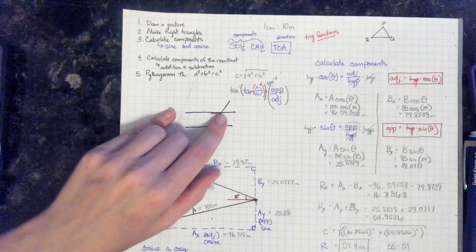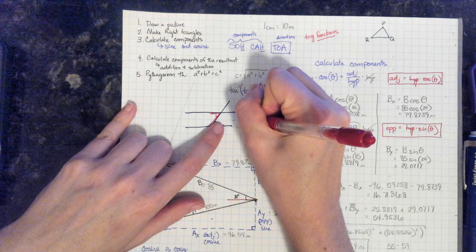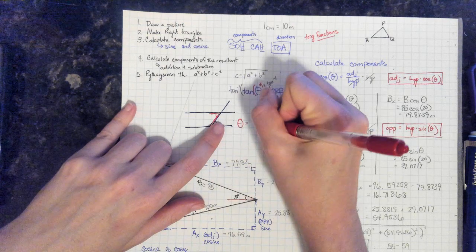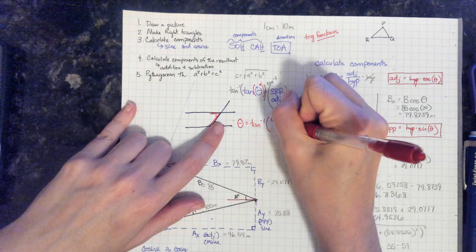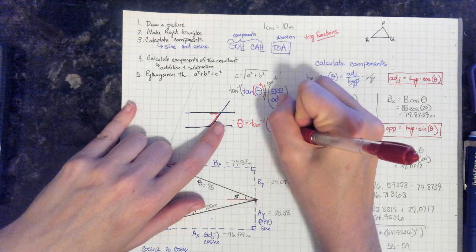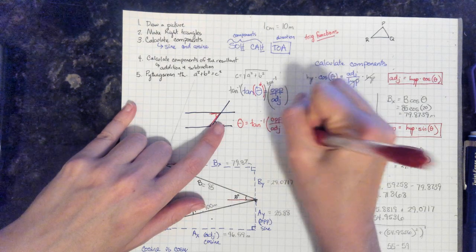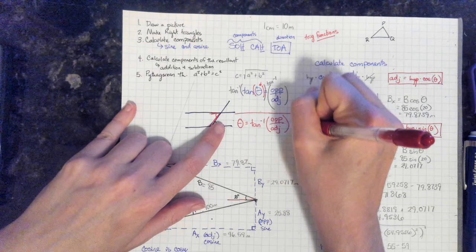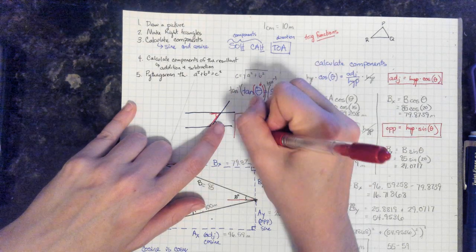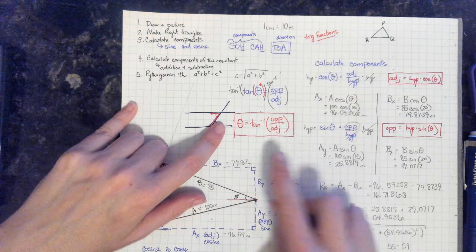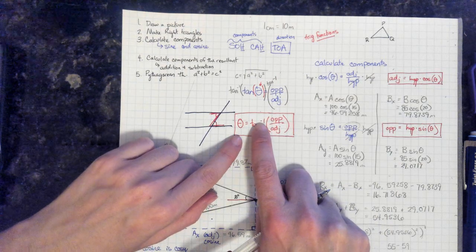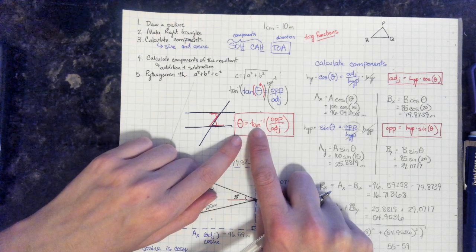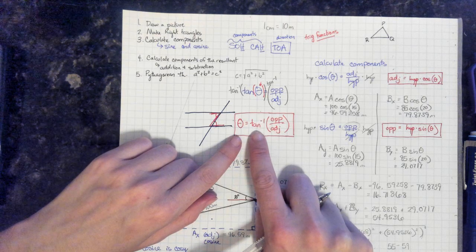So what we get is theta equals the inverse tangent of the opposite side divided by the adjacent side. This is another very useful version of your trig functions that you want to have in your notes somewhere. The question has come up, when do we use inverse functions?